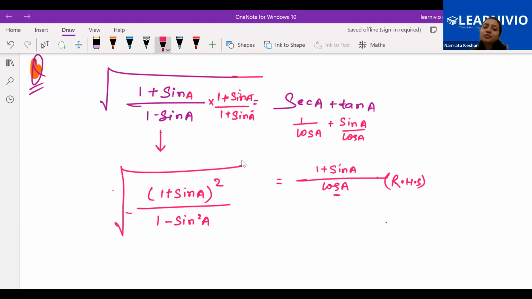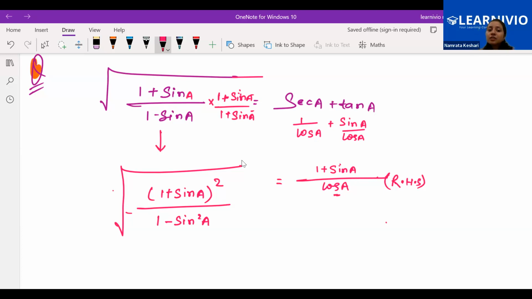This is how you have to approach any question. Please don't memorize that this is the only way to prove it. You will create how to prove it, but for that enough practice is required.